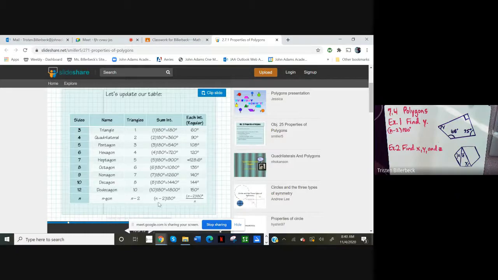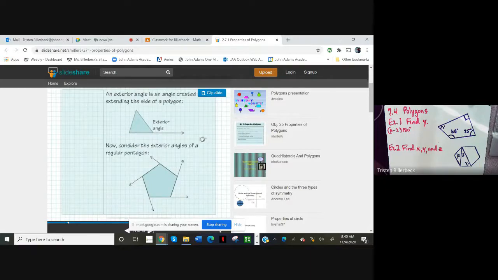So that's where this formula is: n minus 2 times 180. And then if we have a regular n polygon, or n-gon, we would find the individual interior angle would be n minus 2 times 180 divided by n.